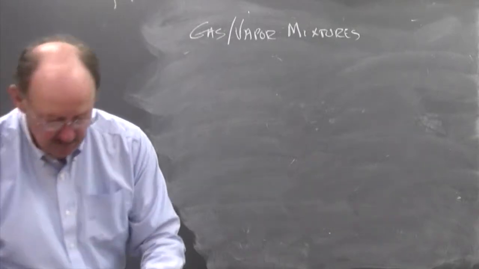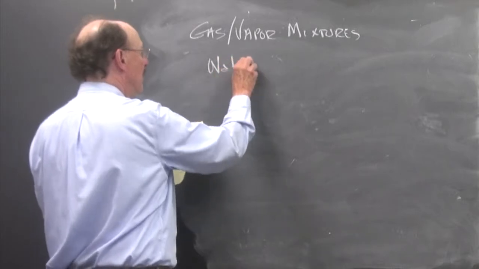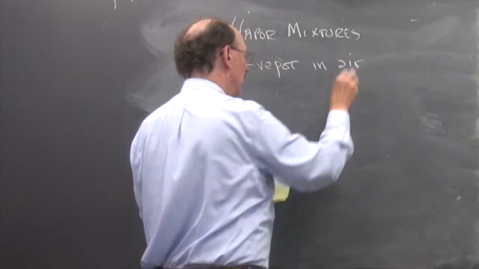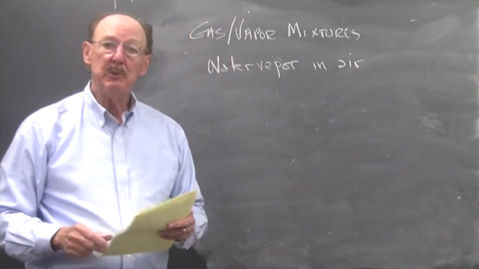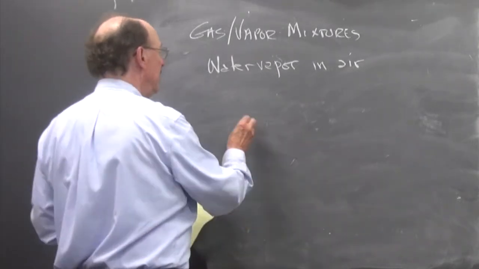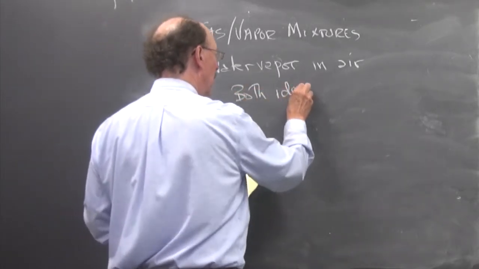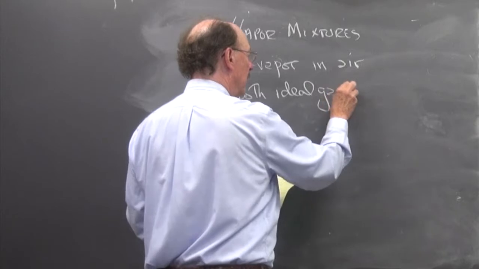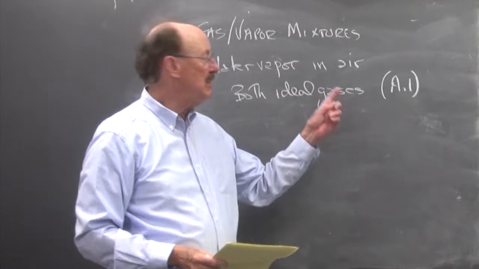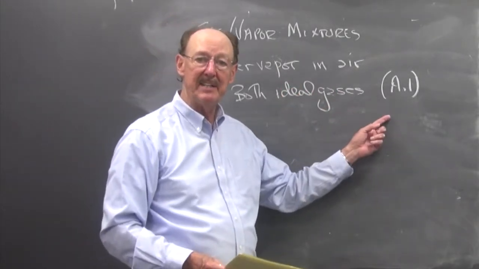Typically here we'll have water vapor and air, and we're going to assume that the water vapor and the air are ideal gases. So I can use the values that I find for water vapor in table A1 when I'm treating it as an ideal gas.